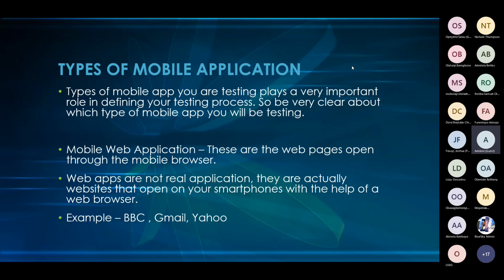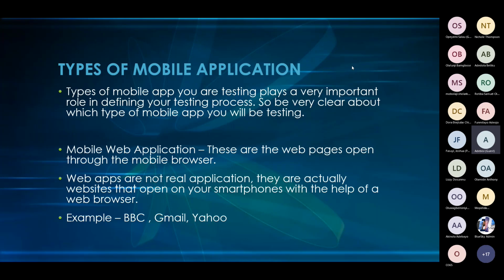It's like an application. For example, we have BBC. You just put in the URL, bbc.something. If you want to maybe listen to news or weather, you just put BBC News or weather, or you just go to the website bbc.com.